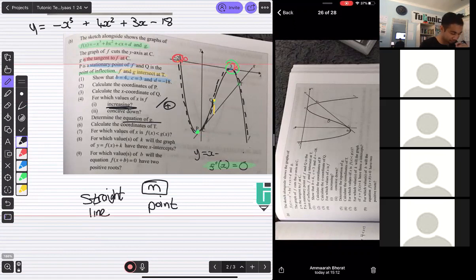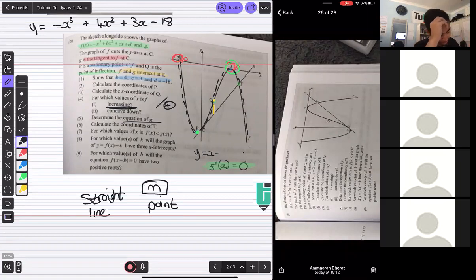The first derivative. I want someone to explain it to me. You get the first derivative, and then you sub in the x value of p, because that's the point at which it touches.